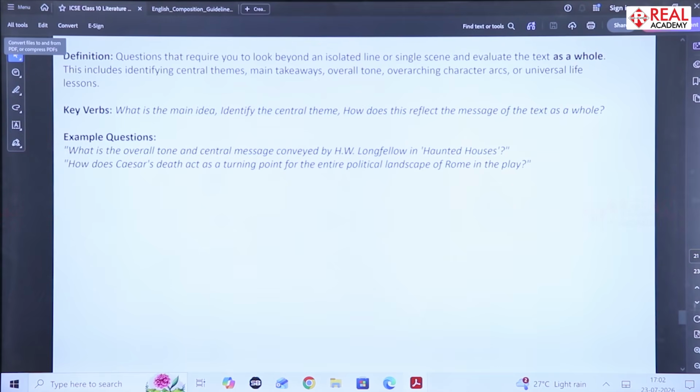What is the main idea? Identify the central theme. How does this reflect the message of the text as a whole? What is the overall tone and central message conveyed by W.H. Longfellow in The Haunted Houses? How does Caesar's death act as a turning point for the entire political landscape of Rome in the play?